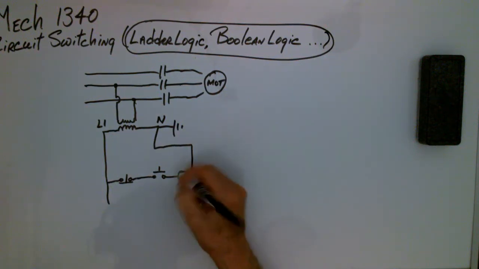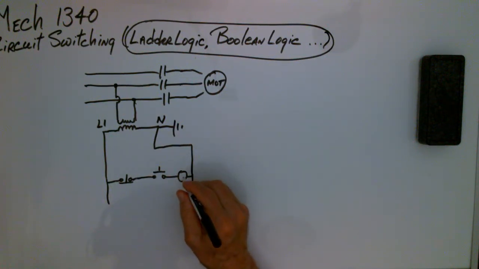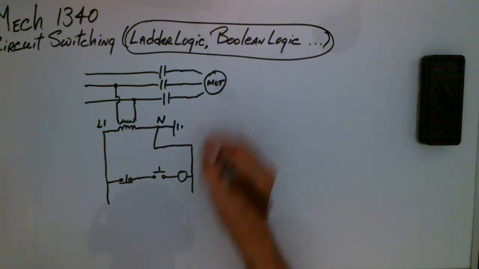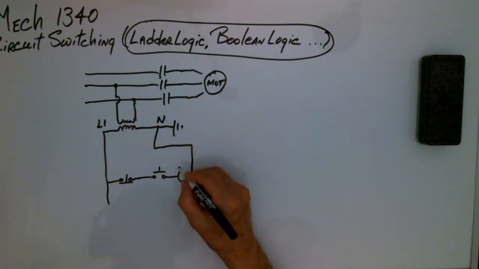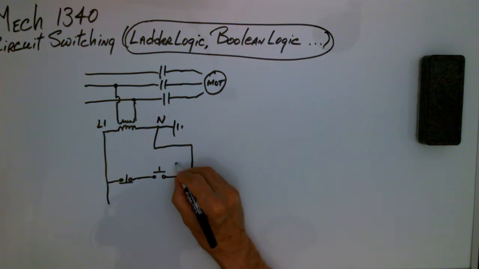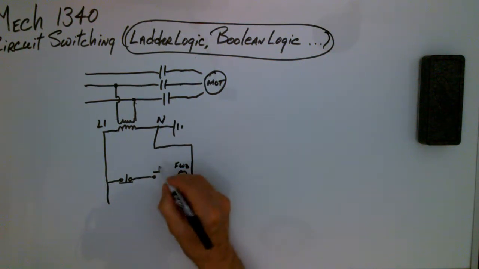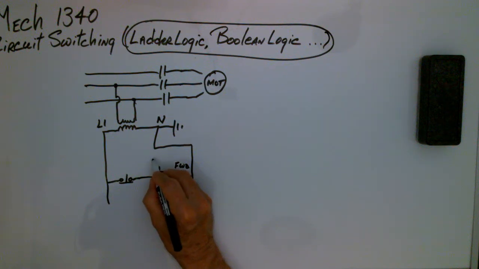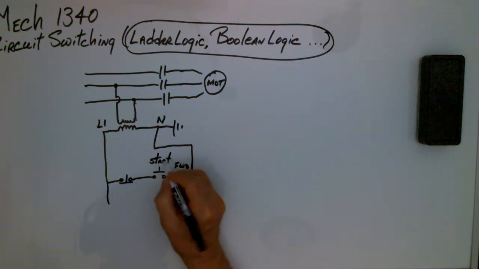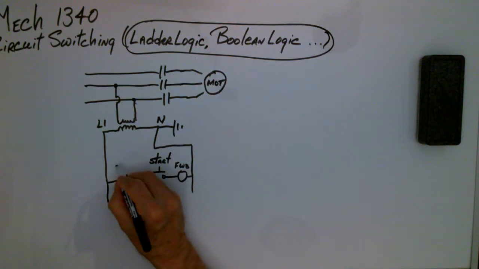And we'll use this relay, this contactor, for the motor. Okay, so we'll call this forward, and let's call this push button right here start, and we'll call this push button right here stop.